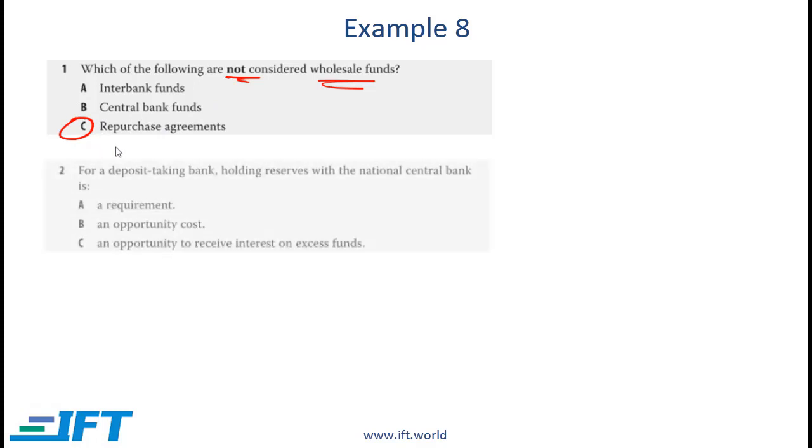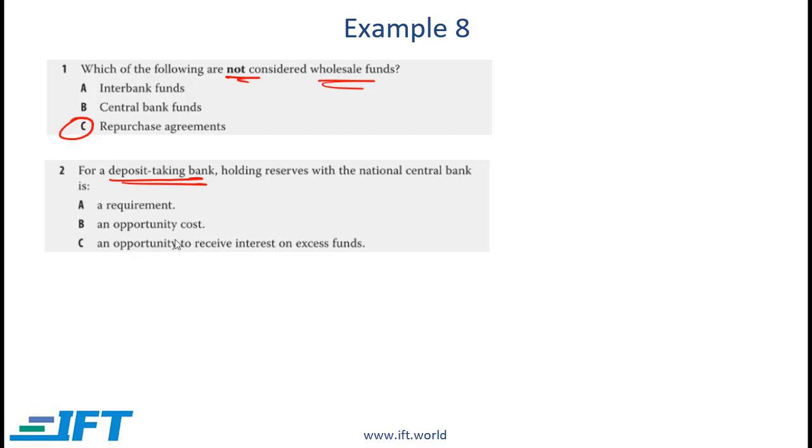For a deposit-taking bank, wholesale reserves with the national central bank is a requirement, an opportunity cost, an opportunity to receive interest on excess funds. This is a tricky question.